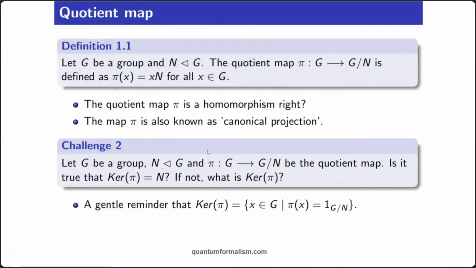A reminder in our context here, because obviously this is a very strange homomorphism, since it goes from G to this quotient group, the kernel would be all the elements in G that map to the identity in the quotient group. We defined this in the last session. So that's challenge number 2.